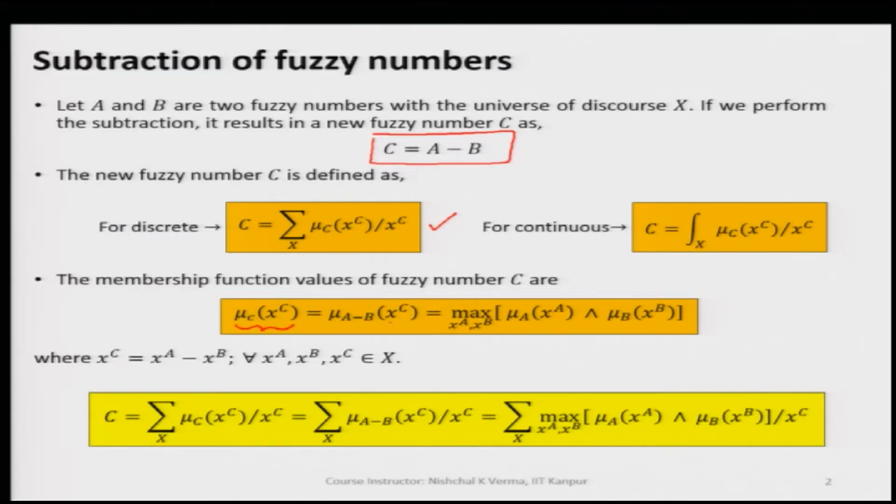mu A minus B of x C, where C is nothing but the resultant fuzzy number, and this is equal to the max of min of mu A of x A and mu B of x B over x A, x B. So, it is clearly understood that x C is equal to x A minus x B for subtraction purpose, and all x A, x B, x C are belonging to the universe of discourse.